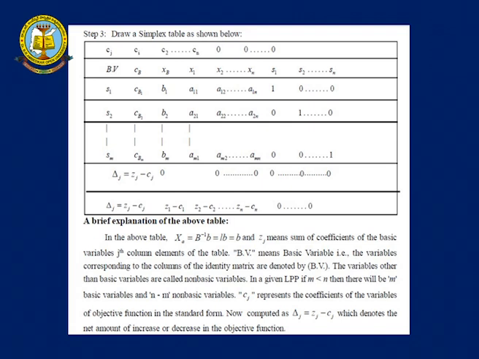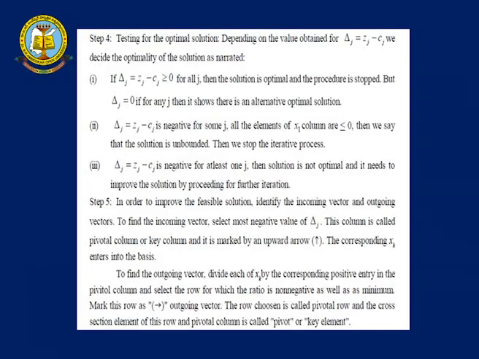And in the next columns, the coefficient matrix must be written. And delta j. Delta j indicates Zj minus Cj. The formula for calculating delta j is Zj minus Cj. And this is the complete structure of the simplex table. And next, we have to calculate the values one by one. Coming to the next step, that is step 4.